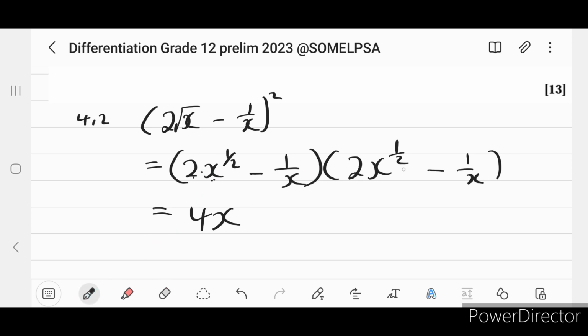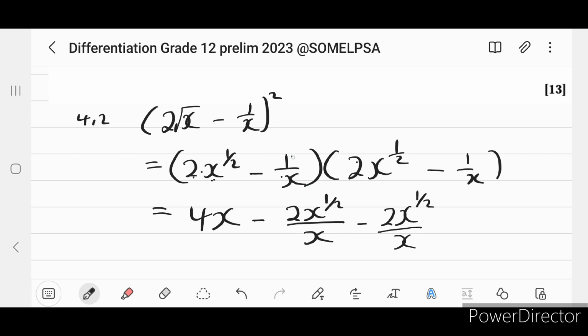All right, so I may just remove it. Therefore, this times this is going to be, is it minus? Yes, minus 2x to the power of 1 over 2 over x. This times this is also the same, minus 2x to the power of 1 over 2 over x.